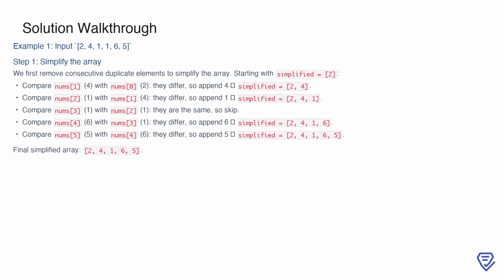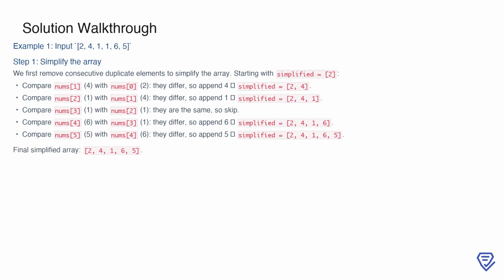To solve this problem, we start by simplifying the input array by removing consecutive duplicate elements. For the input 2, 4, 1, 1, 6, 5, we initialize the simplified array with the first element, 2. Then, we compare each subsequent element with the last element in the simplified array. If they differ, we append the element, otherwise, we skip it.